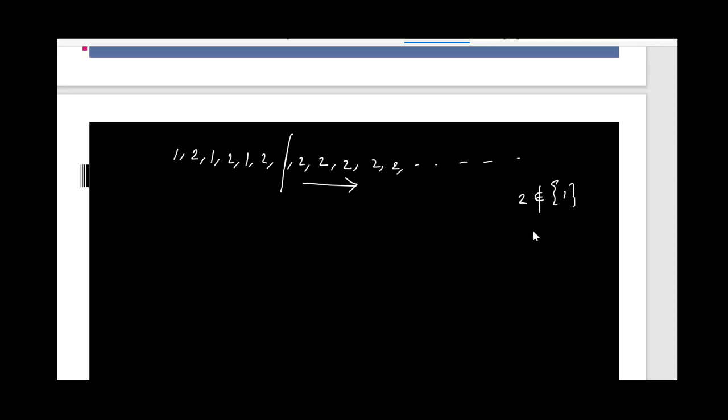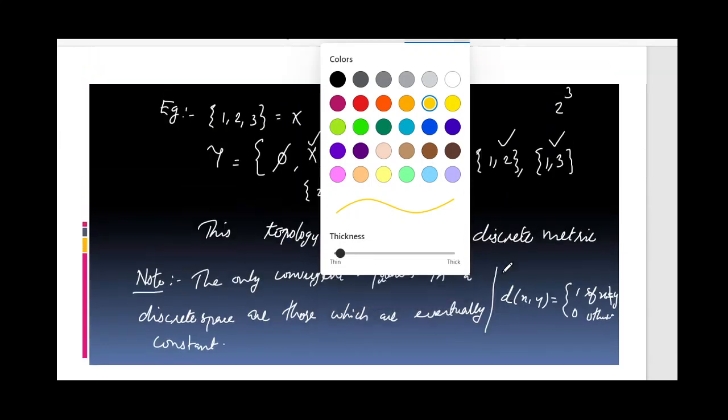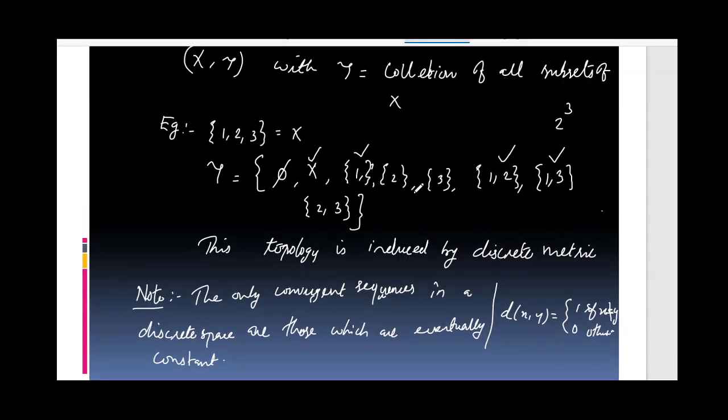Now if you're taking 2, you're having the open sets which contain 2. So go for the open sets which contain 2. So what are they? One is {2}, another one is {1, 2}, right? And next is {2, 3}, and next is X. These are the open sets which contain 2.